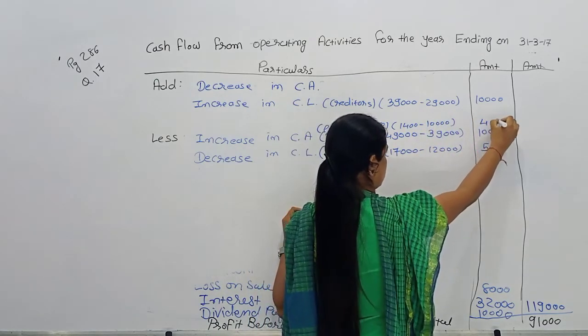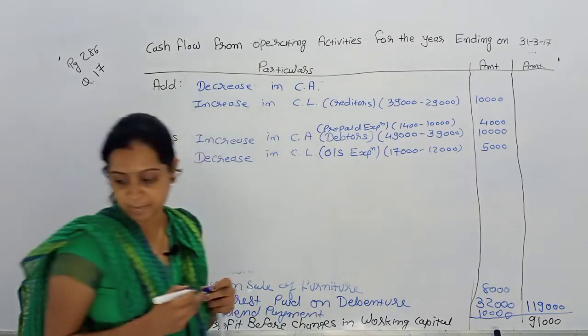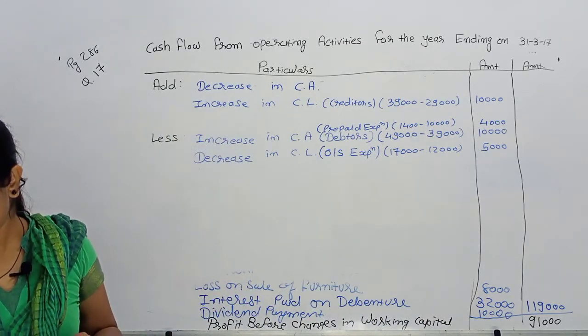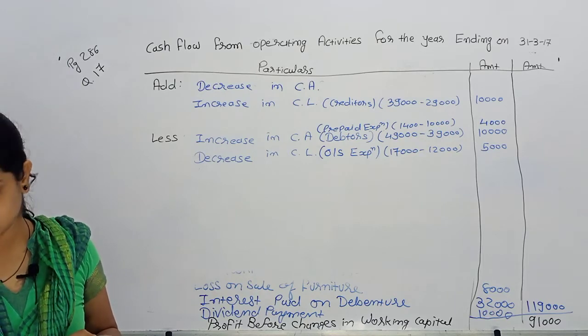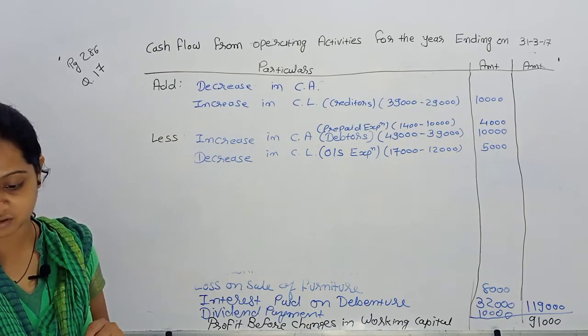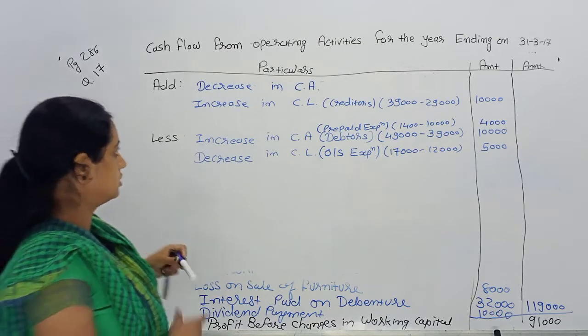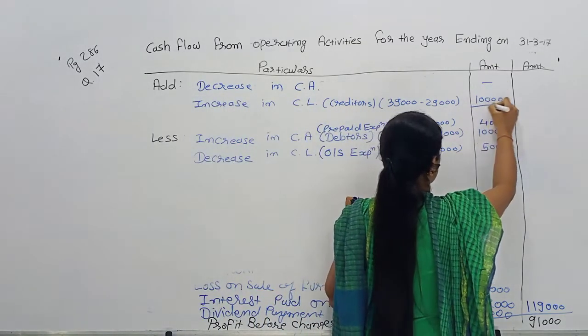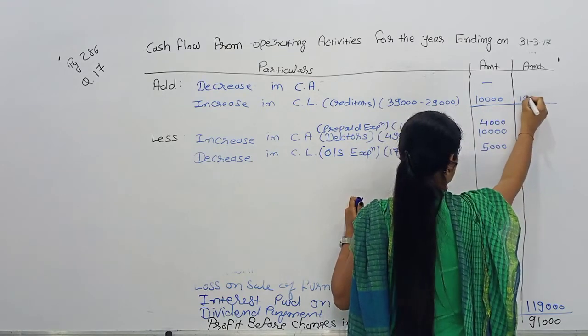Answer will be 4,000, right? And no other information is given, right? We have written down all four, so there is no decrease in current assets. So this answer is 10,000.